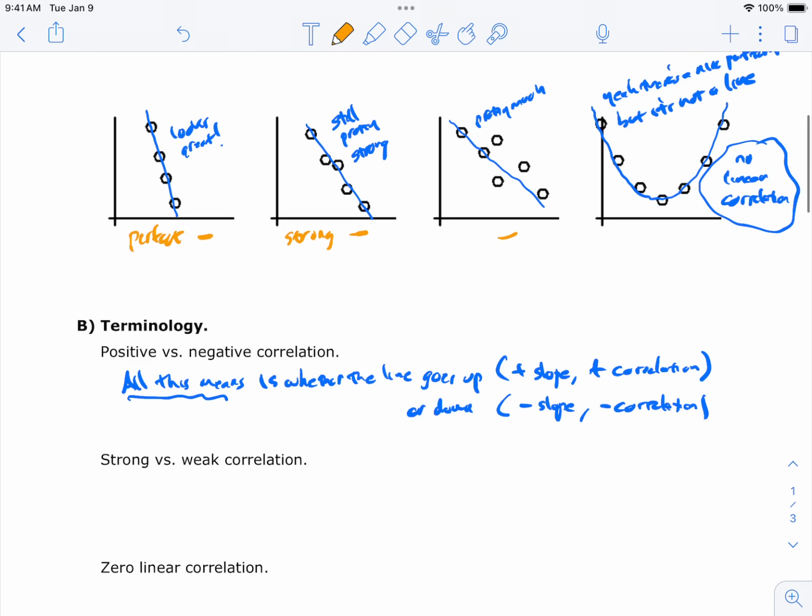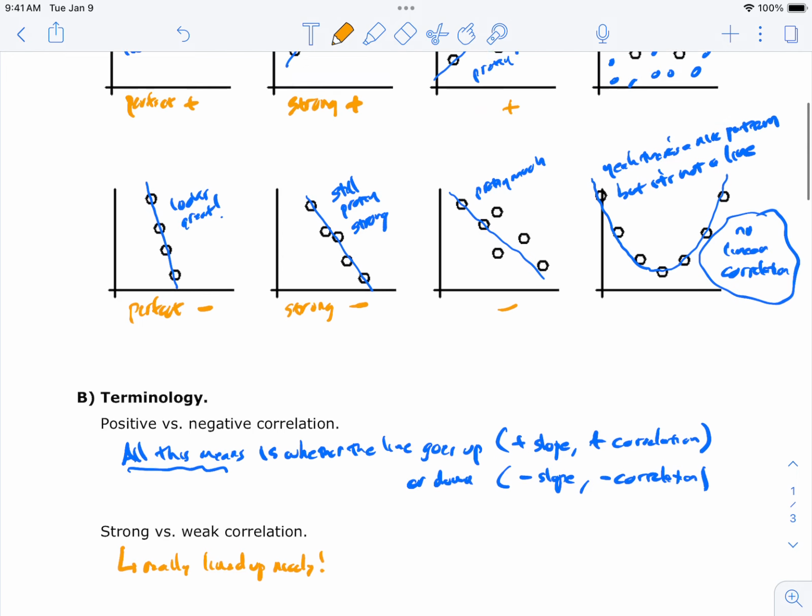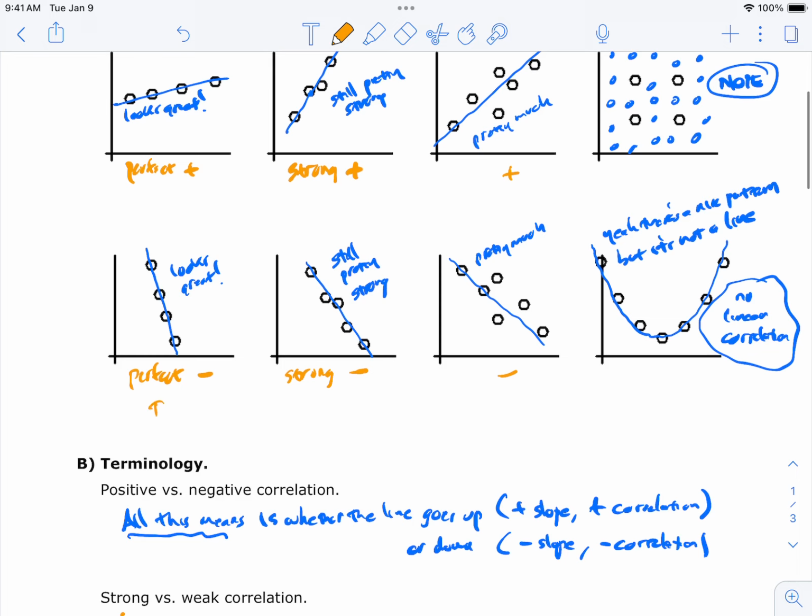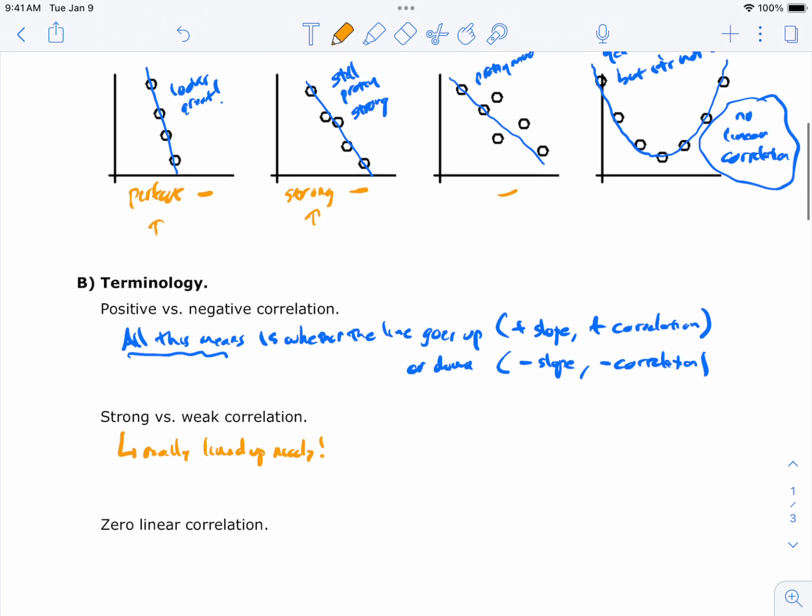Strong versus weak. Oh, I guess I was already kind of using that, wasn't I? So strong just means really lined up nicely. That would be a strong correlation. So I said this one was perfect. If they happen to be perfectly lined up, it's so strong, it's perfect, right? But if they're really closely lined up, you could still call it a strong correlation.